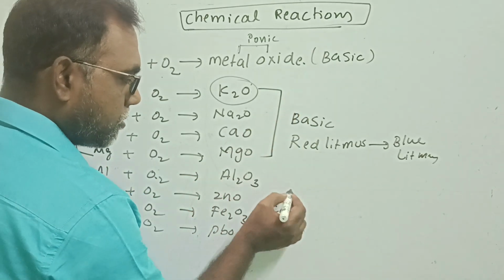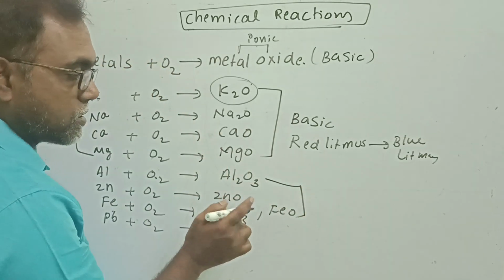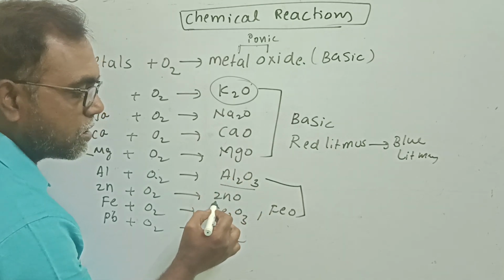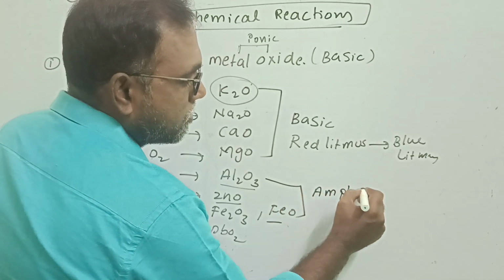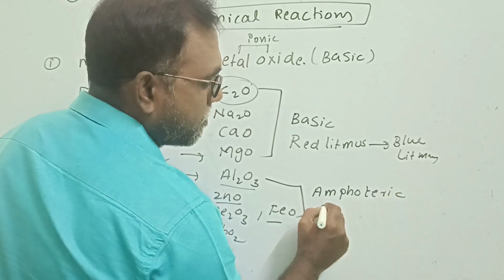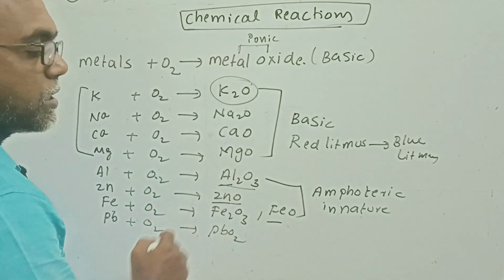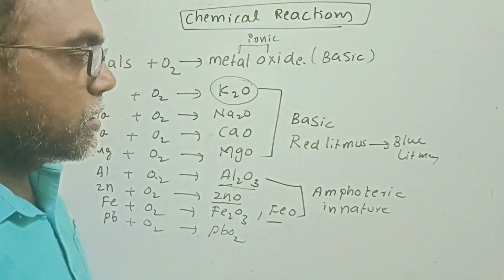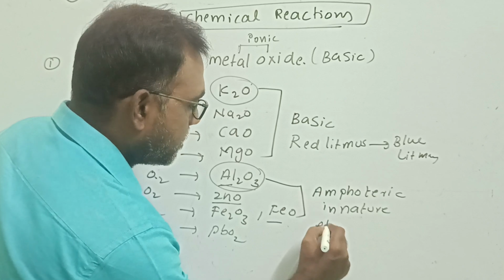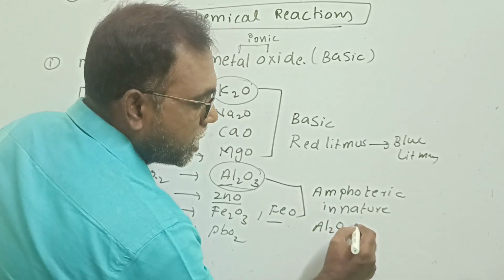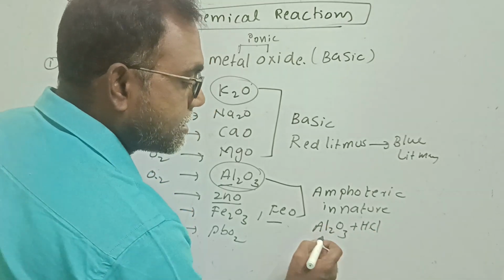But when we talk about iron oxide, zinc oxide and aluminium oxide, they are amphoteric in nature. Amphoteric means, suppose Al2O3 is a metal oxide. When it reacts with an acid, this oxide acts as a base.